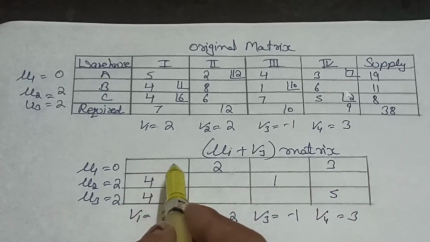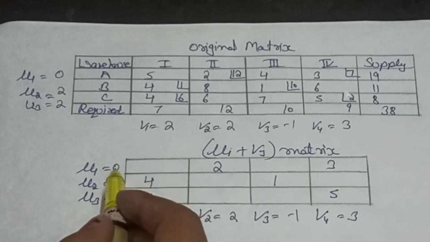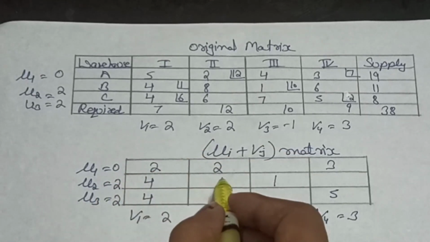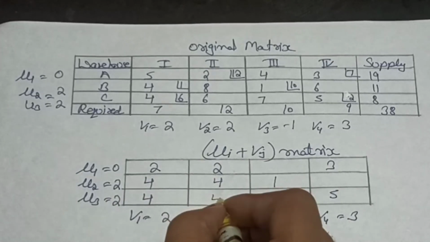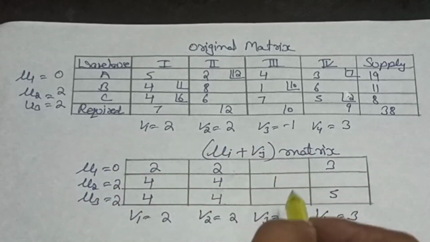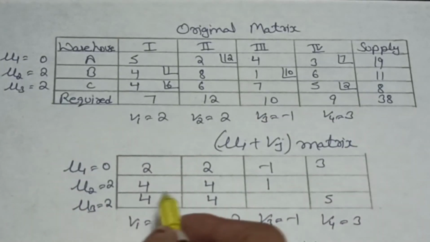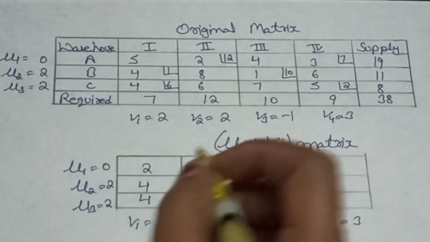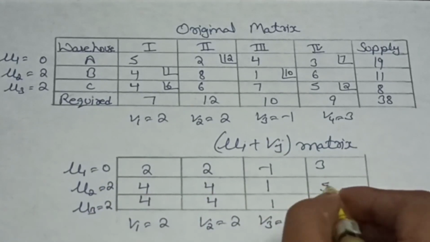We will calculate value for these blank, unallocated cells, like 0 plus 2 is equal to 2, 2 plus 2 is equal to 4, 2 plus 2 is equal to 4, 0 plus -1 is equal to -1, 2 plus -1 is equal to 1, 2 plus 3 is equal to 5.